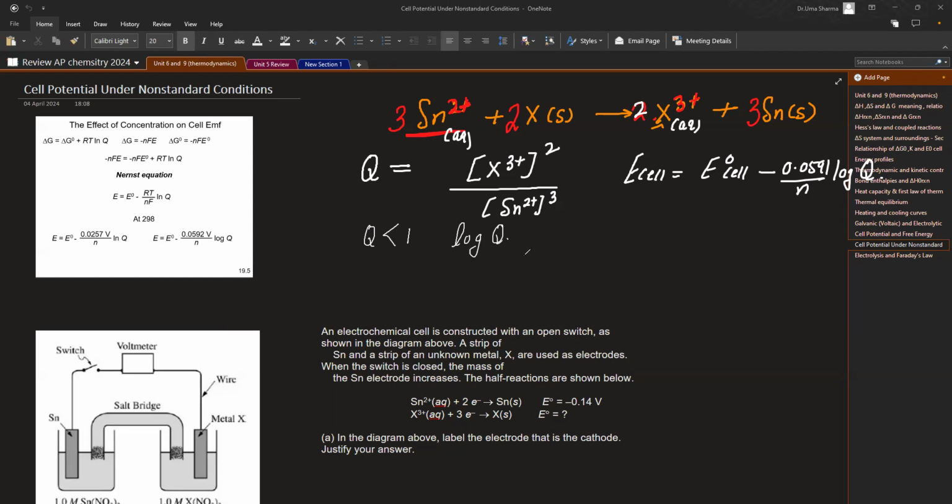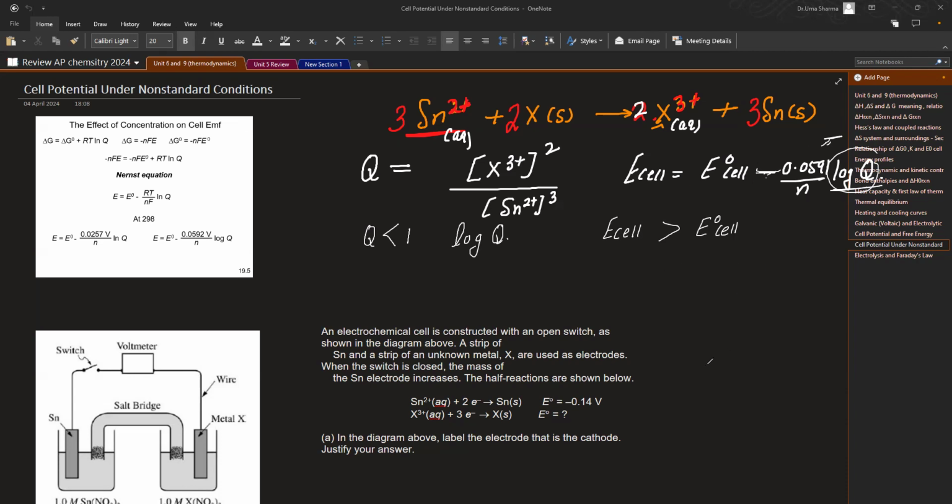Log Q is negative. Good. If log Q is negative, then E cell will be greater than or less than E naught cell? What's the relation between these two? If log Q is negative, this negative and this negative will become positive. So E cell will be greater than E naught cell.